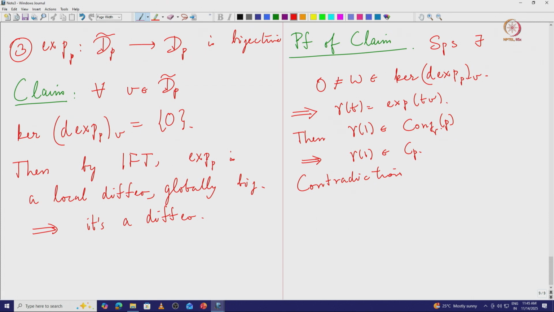Right, since gamma of 1 belongs to dp, and this is obviously empty. In fact, dp is the complement of the Cut-Locus.